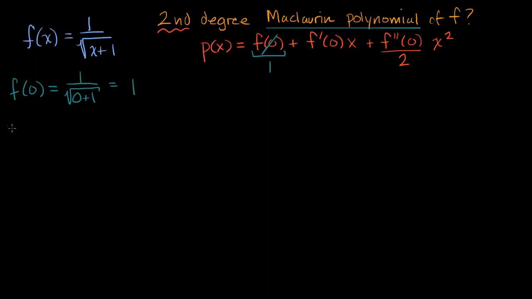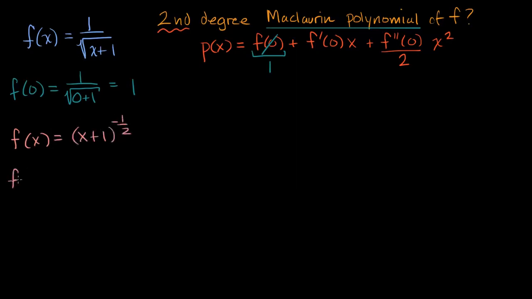Now let's evaluate f prime of x, and then I'll evaluate f prime of 0. Another way of writing f of x is, this is the same thing as x plus 1 to the negative 1/2.